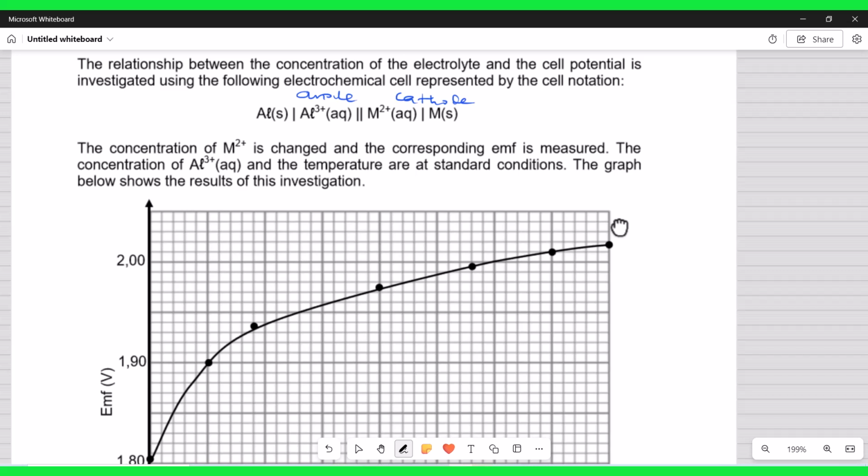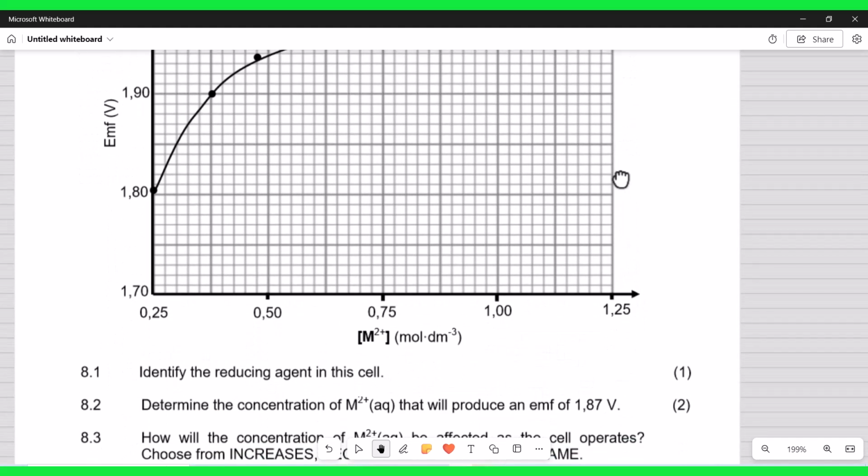So the answer must be aluminium solid, because it was oxidized to aluminium 3 plus ions. So the reducing agent in this cell is aluminium. Please note that we don't say aluminium 3 plus ions, we simply say aluminium.